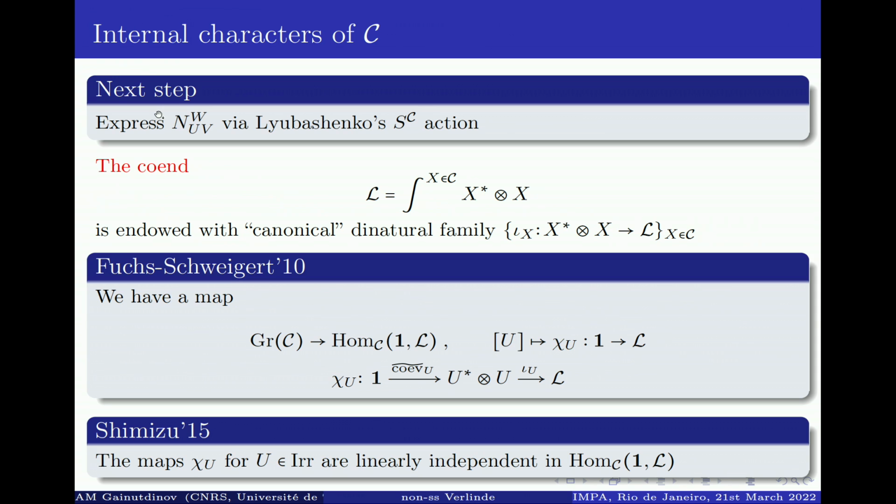The category is rigid, so I have such a thing, U star U. And then I use my canonical natural map, iota U, into L. So this is a map from 1 to L. And Shimizu in 2015 has proven that for every U irreducible, if I run over irreducible classes, all these chi U, as linear maps, as morphisms from 1 to L, are linearly independent in this space.